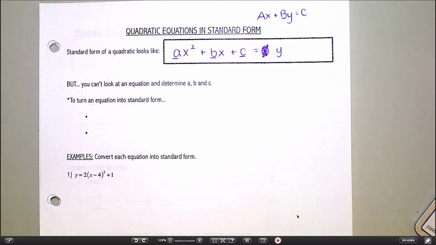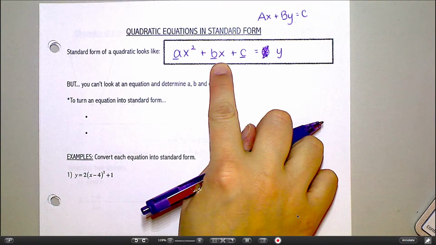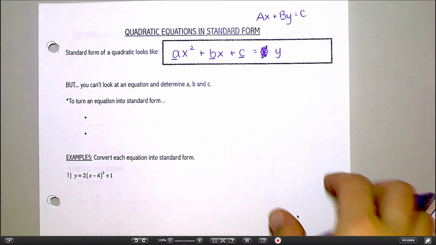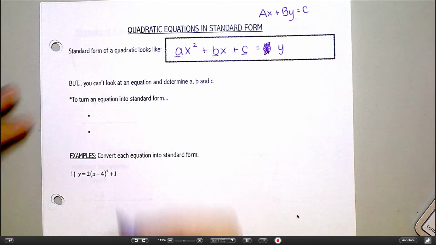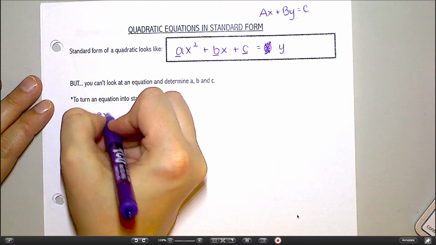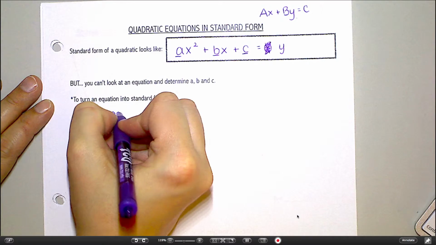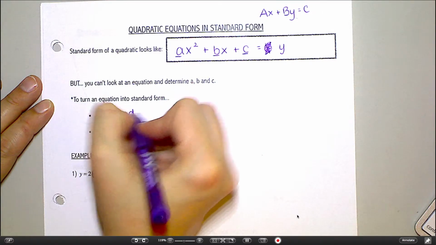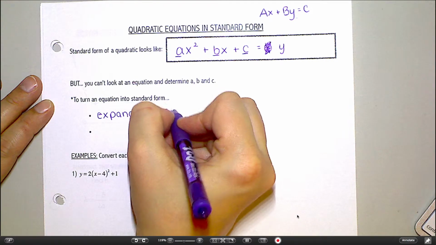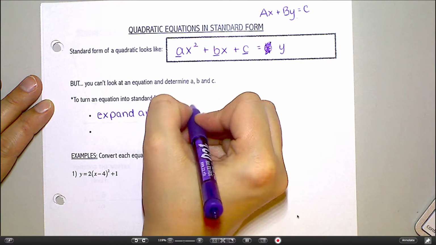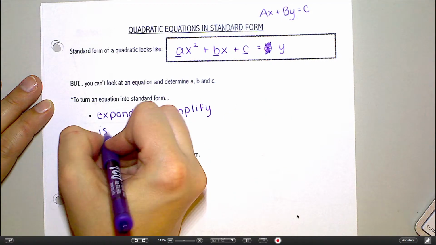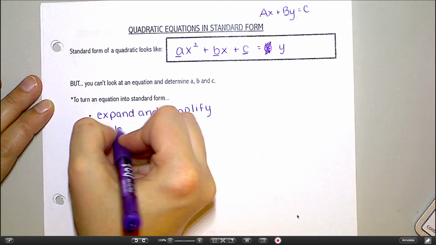You have to move it around so it looks like that. It's not like you can just look at it and say, okay, this is a, this is b, this is c, let me write it out. So your steps for turning it into standard form is to expand and simplify anything that you can. And then isolate the y, which means get y by itself.